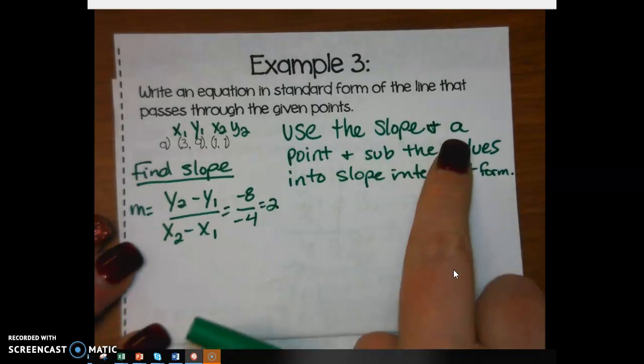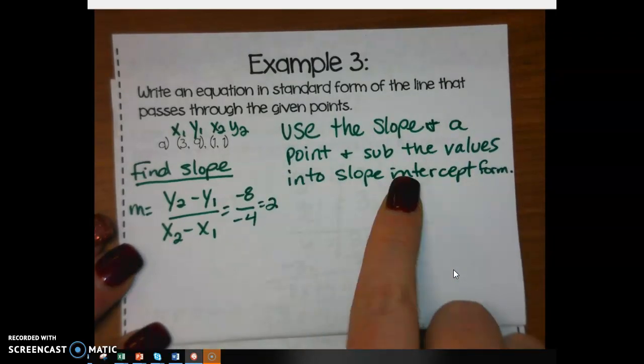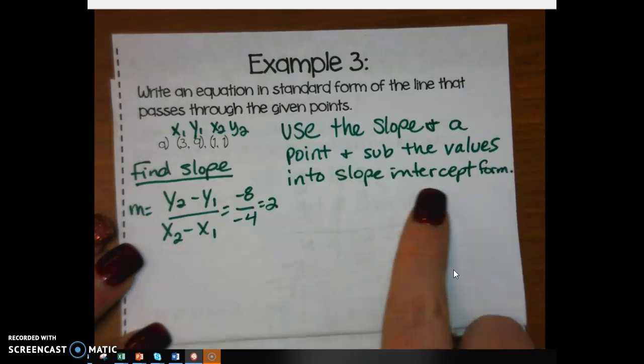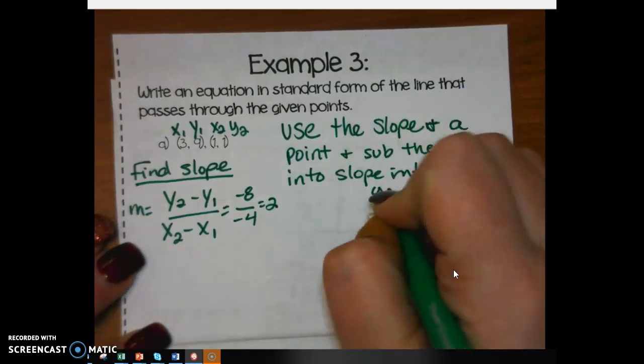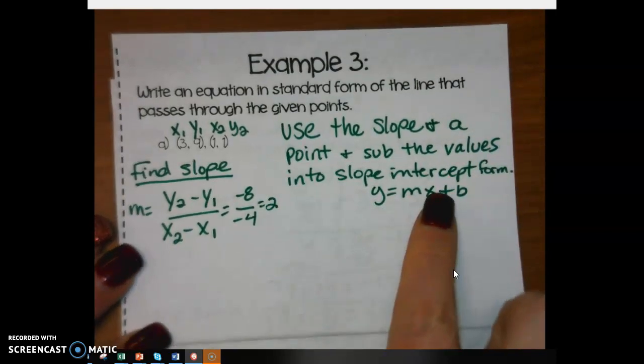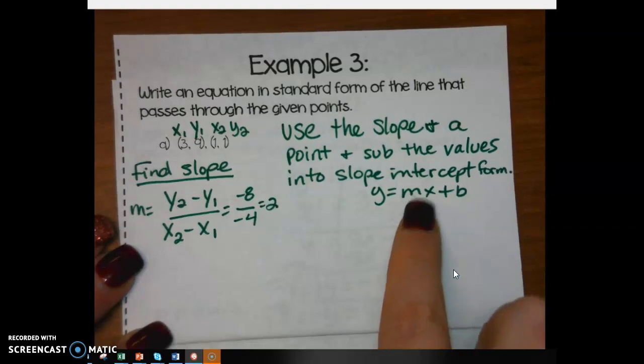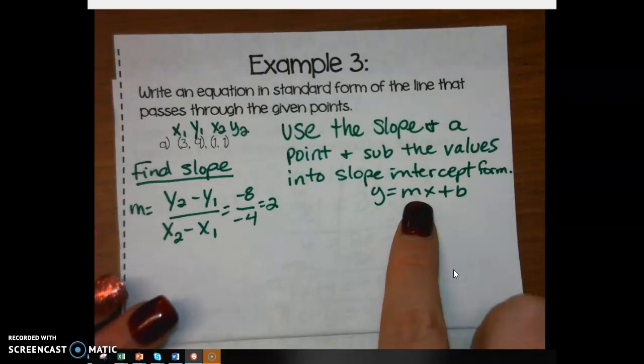Use the slope and a point, any point you want, and you sub the values into slope-intercept form. y equals mx plus b. You know this, you like this. Okay, so now you know what your slope is, right? Absolutely.